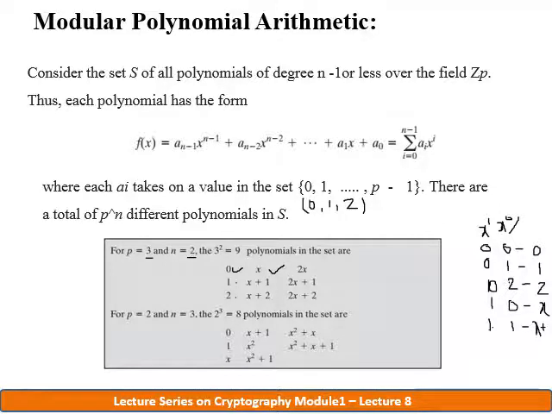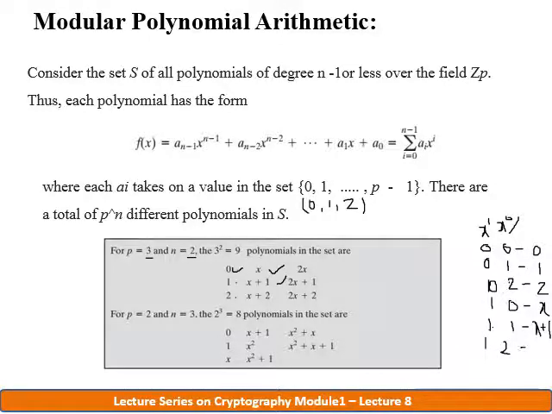So we get x plus 1. The next combination is 1, 2.